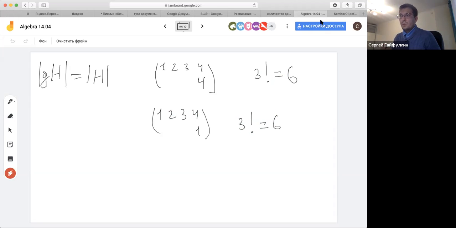Okay, what are the other left cosets? How many left cosets are there and what are they?